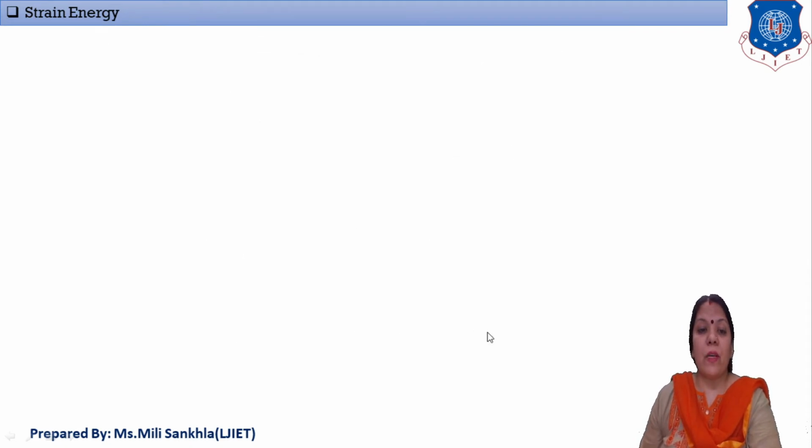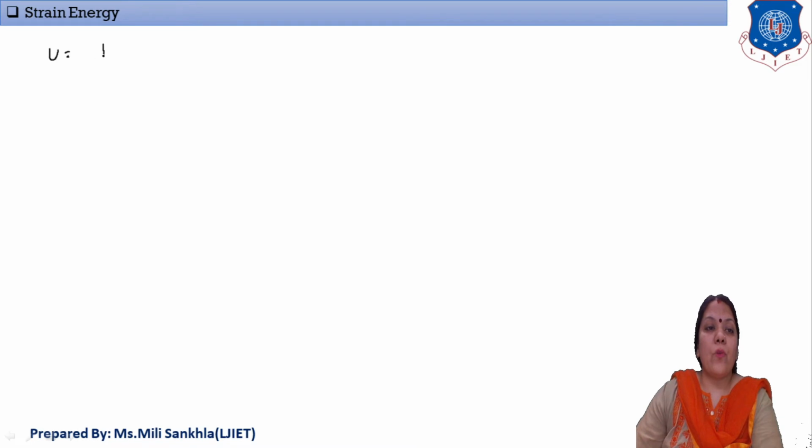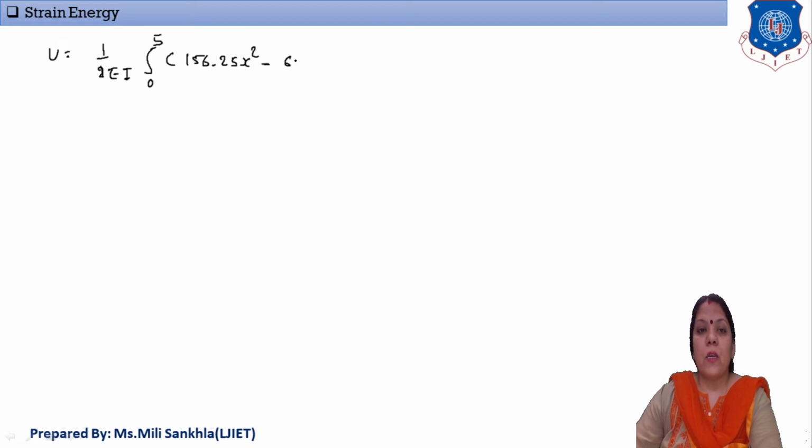Now we simplify these terms by squaring. Next, U is equal to 1 by 2EI, limit of 0 to 5, and my simplification of the first term is 156.25 x squared, the middle term is 62.5 x cubed, plus my last term is 6.25 x raised to 4 dx.